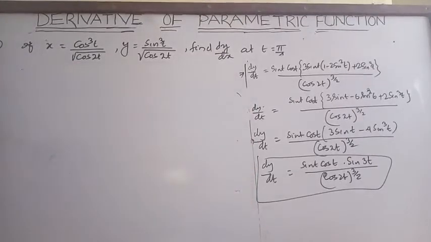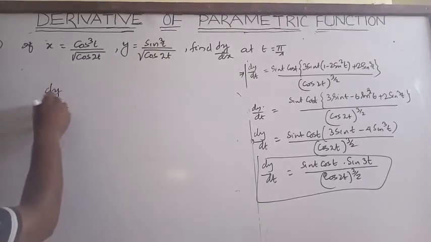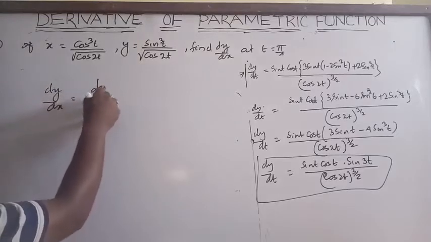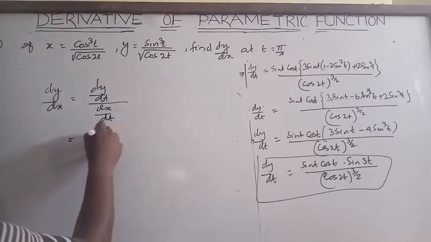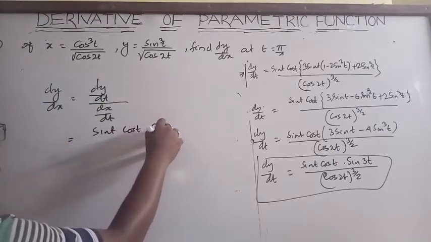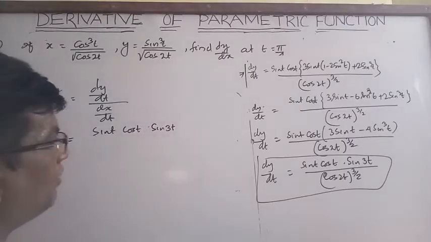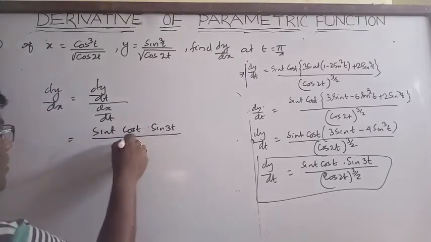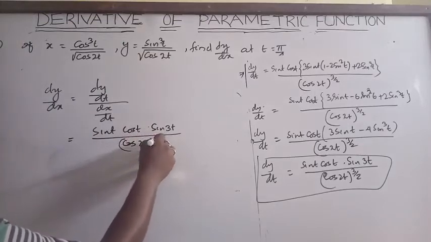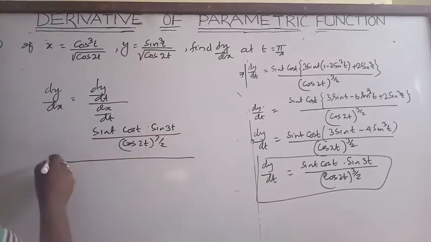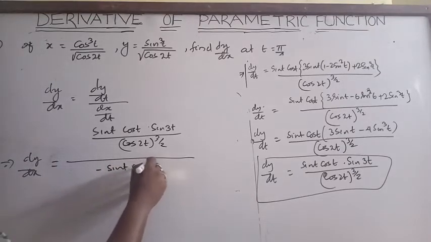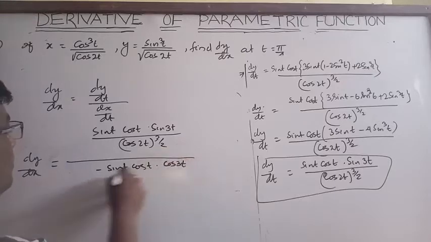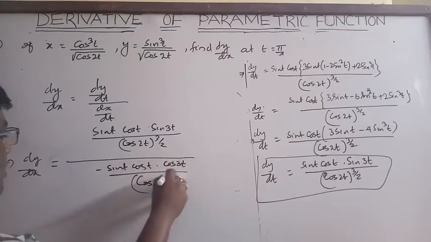Therefore dy by ds is equal to dy by dt divided by dx by dt. So dy by dt is sin t into cos t into sin 3t divided by cos 2t power 3 by 2, whole divided by minus sin t into cos t into cos 3t divided by cos 2t power 3 by 2.